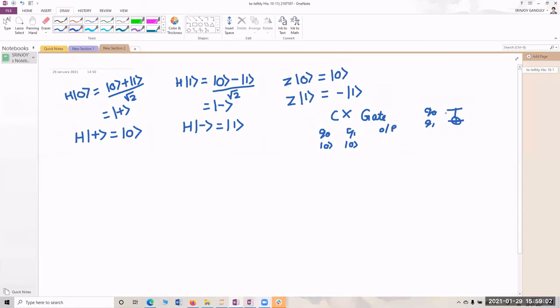When the first qubit is 0, nothing happens to the second qubit, so you remain as 0 0. So all the states are transferred as they are.